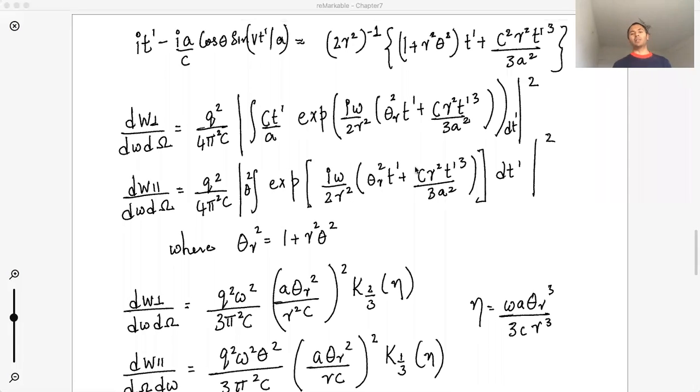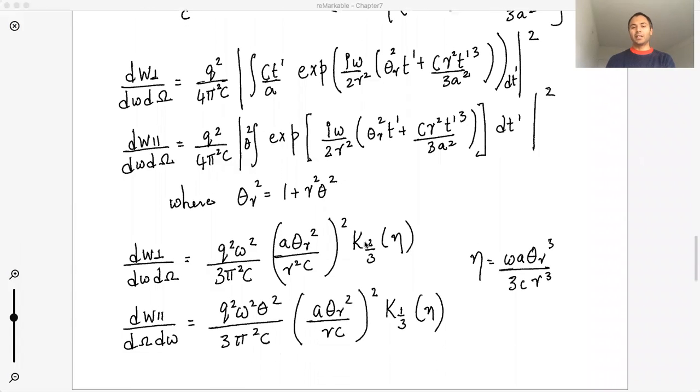Now, it turns out that this is in the form of elementary functions. And again, I don't expect you to know all of this. In reality, when you encounter something like this, you're going to open a handbook of mathematical functions to try to find the closest elementary function where you can cast your integral into. And it turns out that these are the modified Bessel functions.